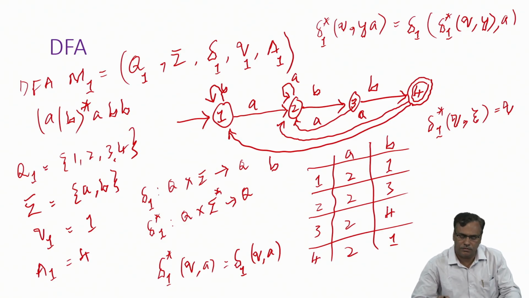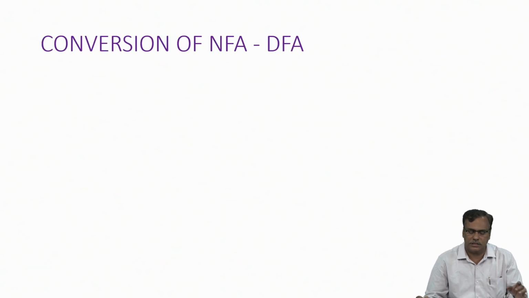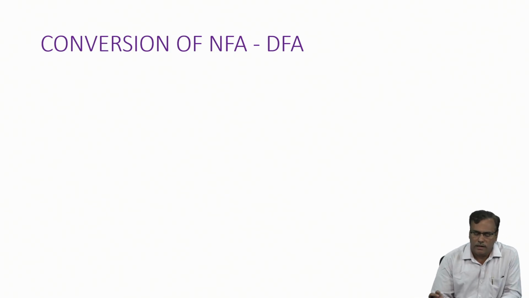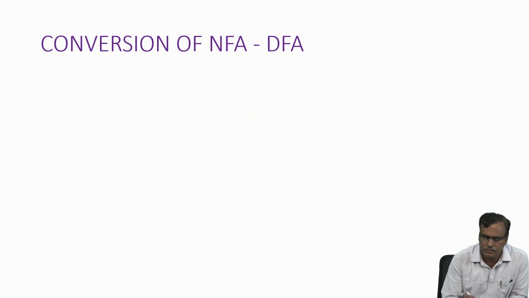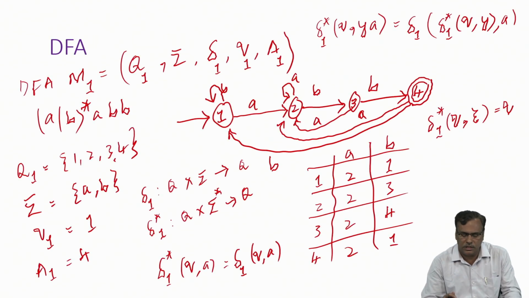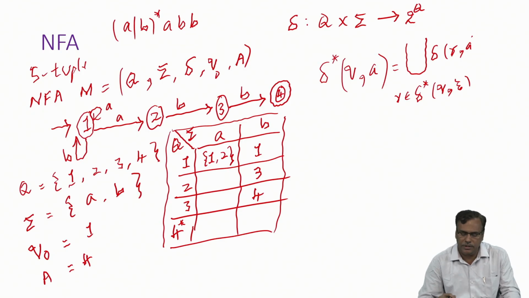Now you are going to look at how to convert this NFA to DFA. For the same example, you already know the transition table of this NFA, that is A, B, star, A, B, B. This is what we have here.